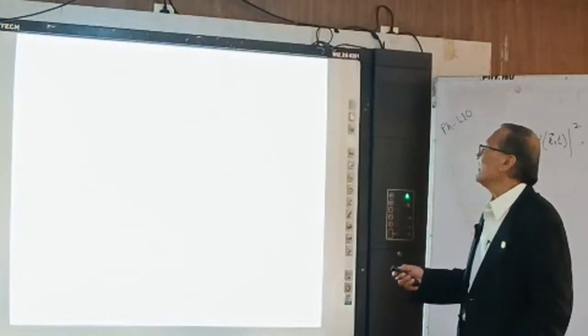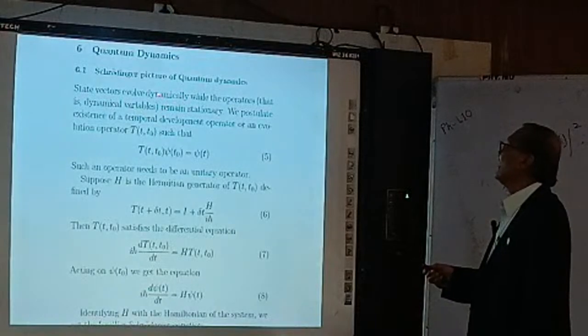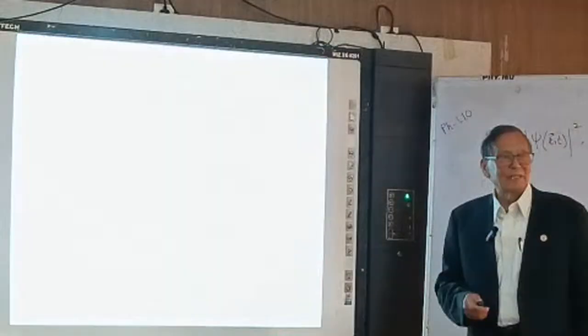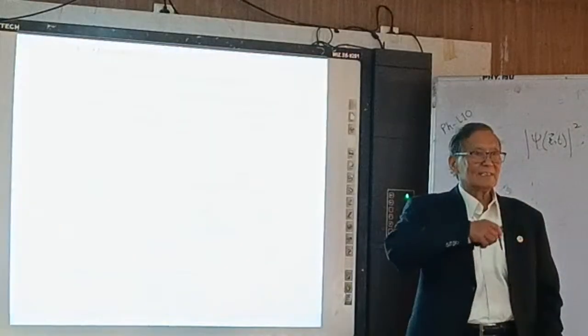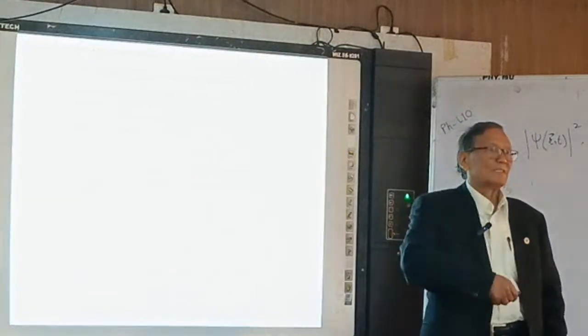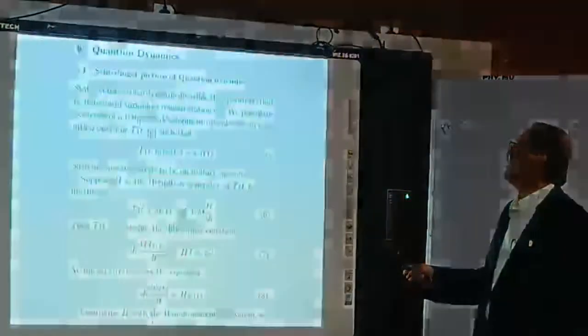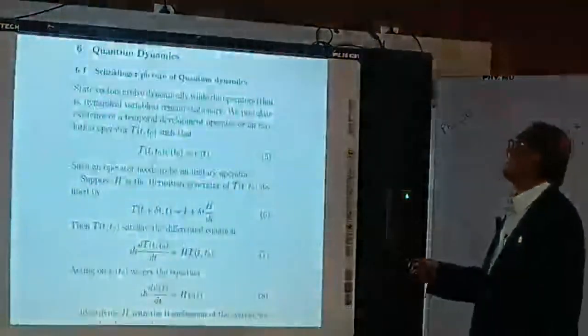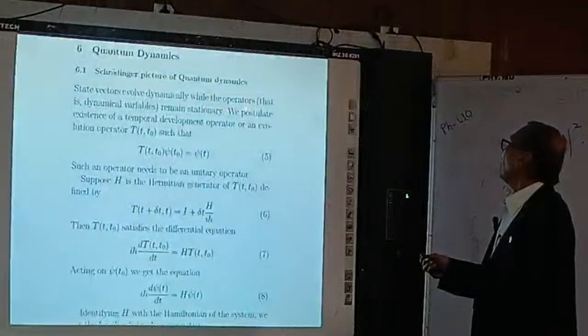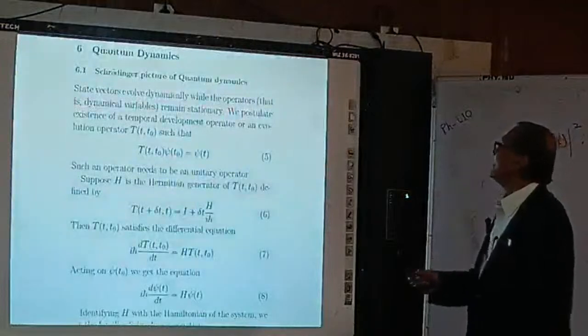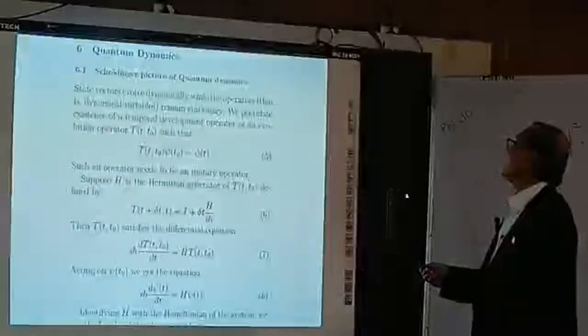State vectors evolve dynamically, not through some explicit time dependence. As the dynamics of the system evolves, that is represented by state vectors evolving dynamically while operators, that is dynamical variables, remain stationary.